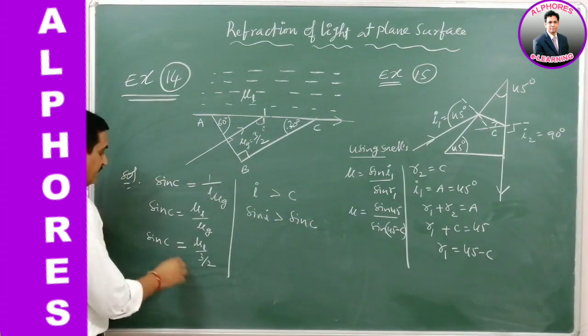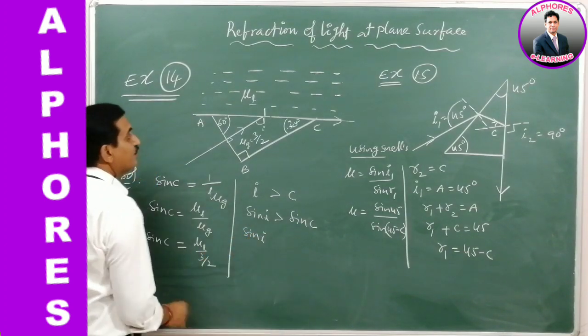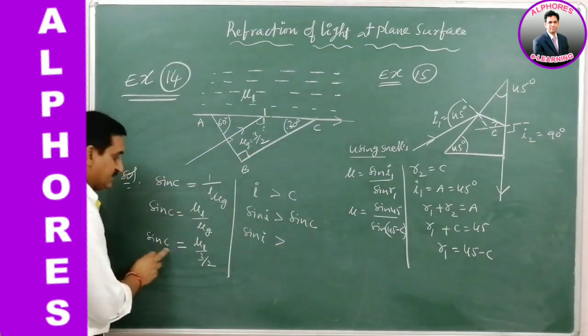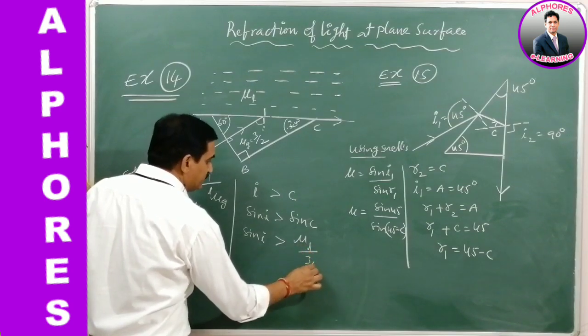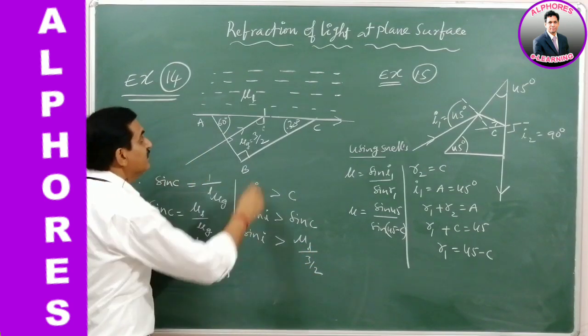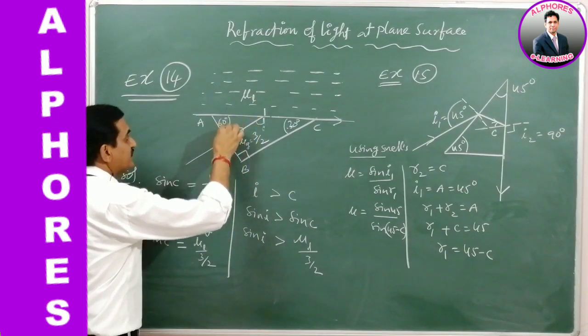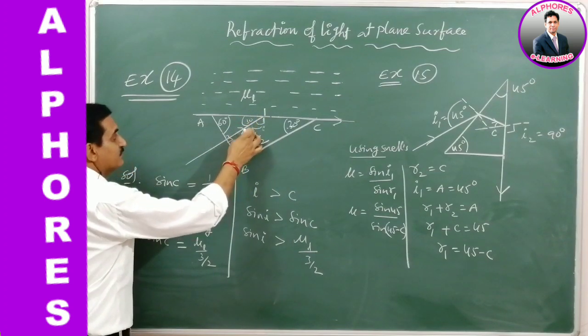Okay. So sin i is the angle of incidence. We can easily find that sin i is greater than sin C, with sin C already calculated over here as 2 by 3 mu liquid. Here i can be found: this is 60, this is 90, this is 30 degree, then the i value becomes 60 degree.